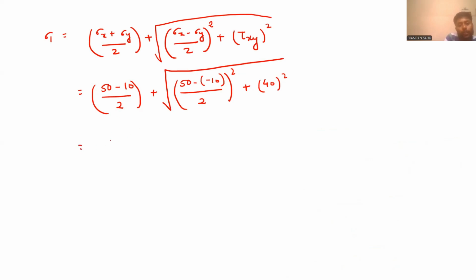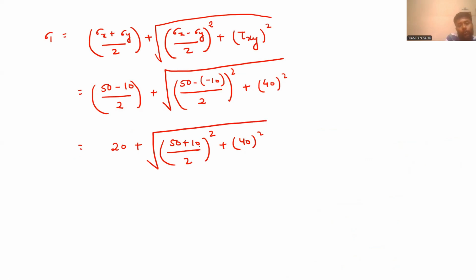So let us calculate: 50 minus 10 is 40 by 2 is 20, plus 50 plus 10, 60 by 2 whole square plus 40 whole square under root.